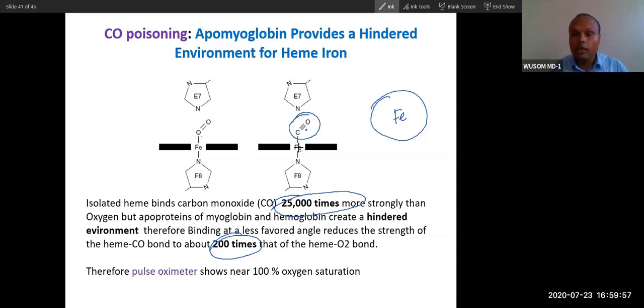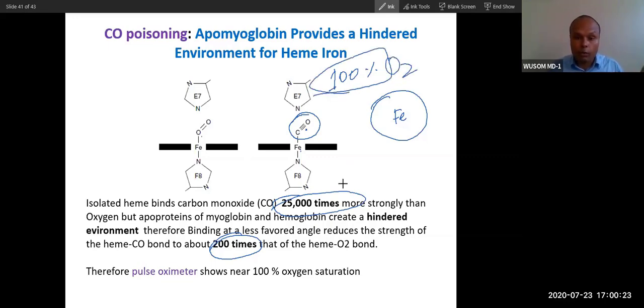That is why the binding of carbon monoxide with hemoglobin becomes irreversible, because oxygen cannot easily displace it. Only 100% oxygen can slowly displace this carbon monoxide. That is why the antidote is 100% oxygen.